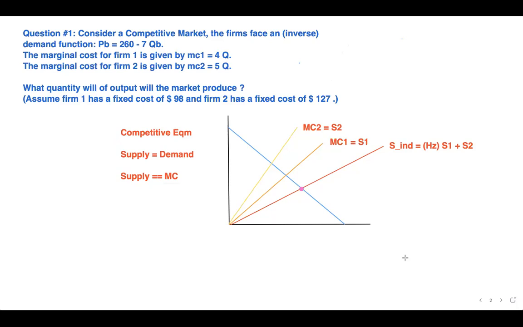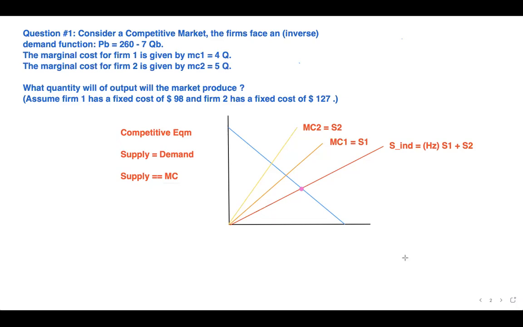I just don't know how to add up S1 plus S2. Is it as simple as just adding 4Q plus 5Q? Well, this is why I'm being coy. Remember, in order to do the horizontal sum, we have to do that process I talked about last time, where we constructed the joint marginal cost. Oh, inverse, add inverse. Yeah, exactly.